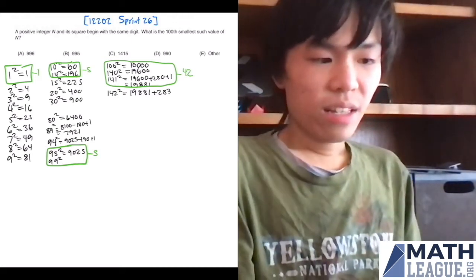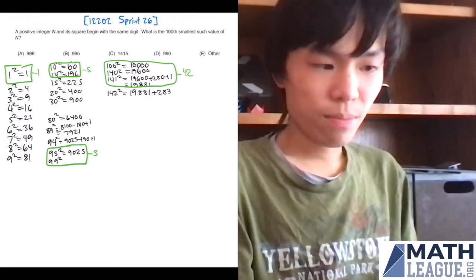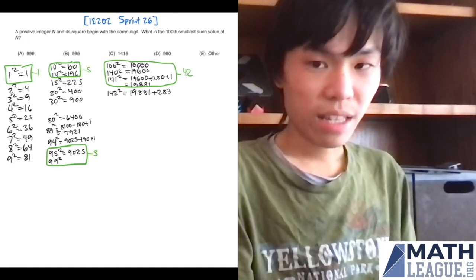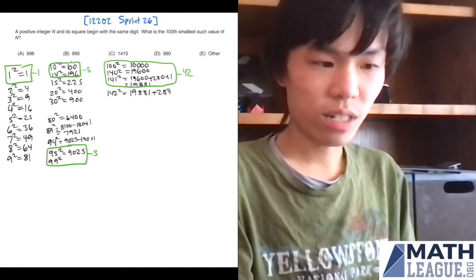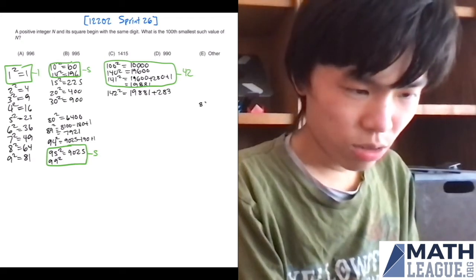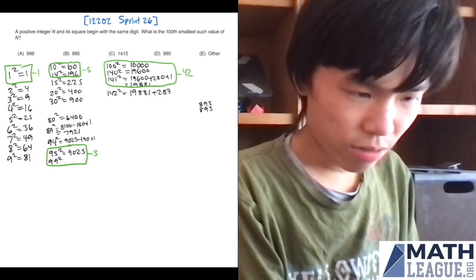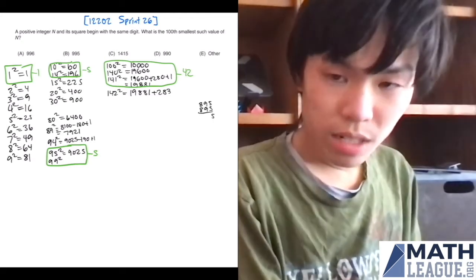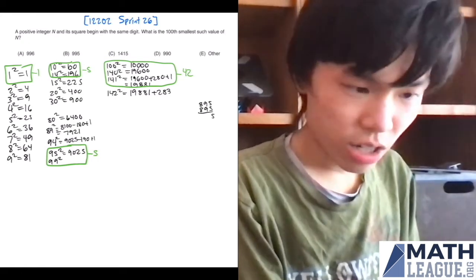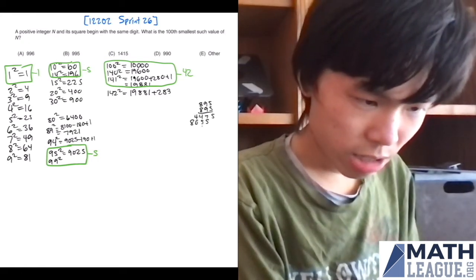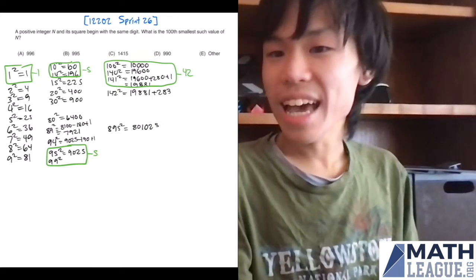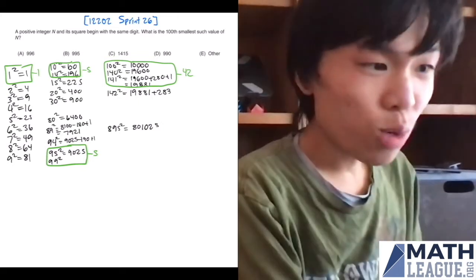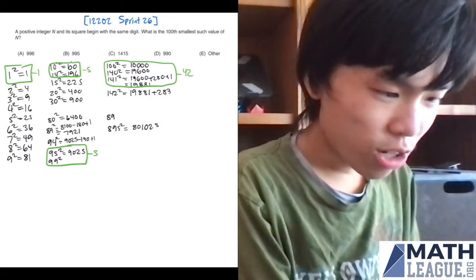Now I can see I'm going to need to try 890 because 89 squared is 7,921. So I'm going to have to do 895 times 895. I'm going to have to do this 3-digit multiplication. Hey, look at that. 895 does work. But I need to check 894 just in case.